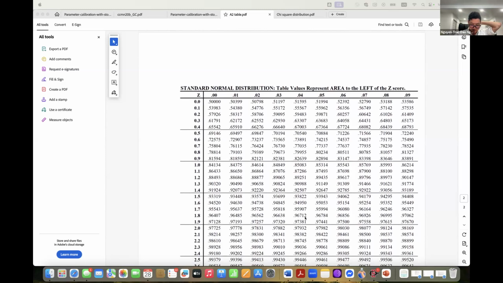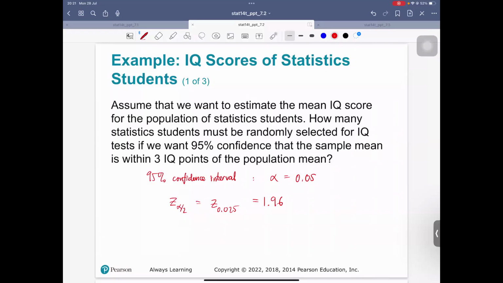Here, yeah, I calculated it earlier here. Can you see the screen right now? No, I can see it.